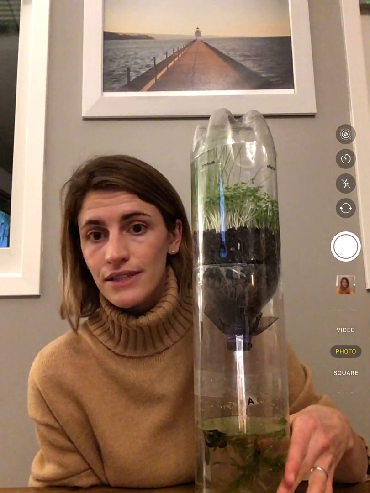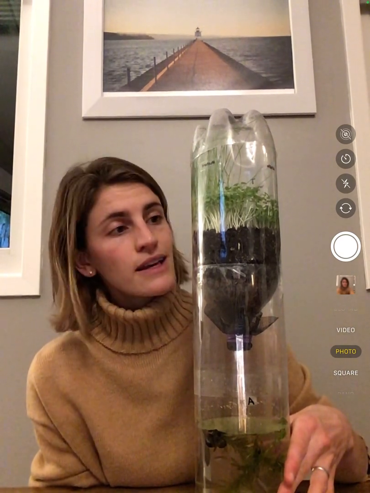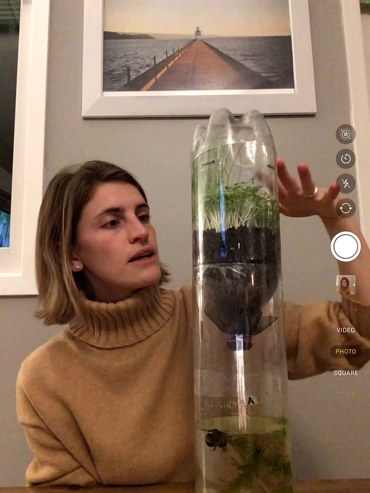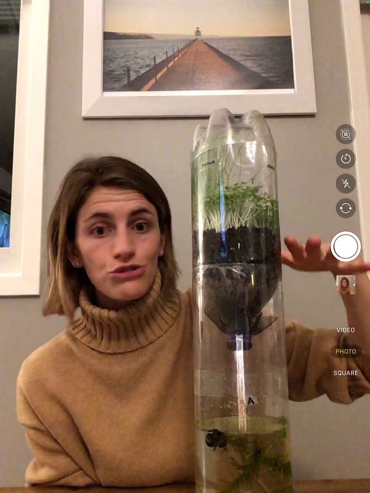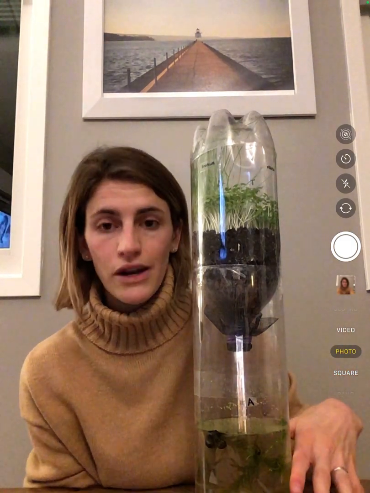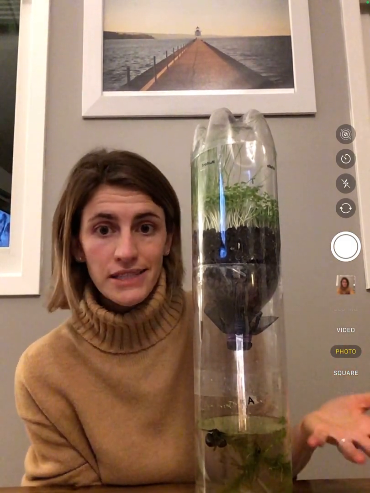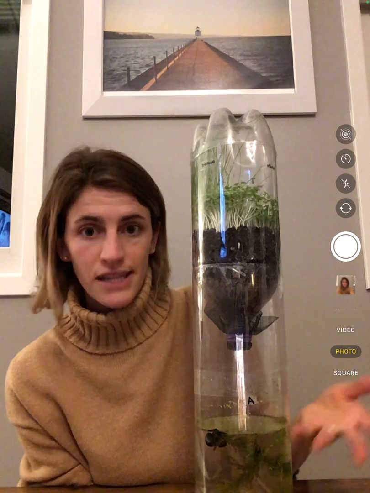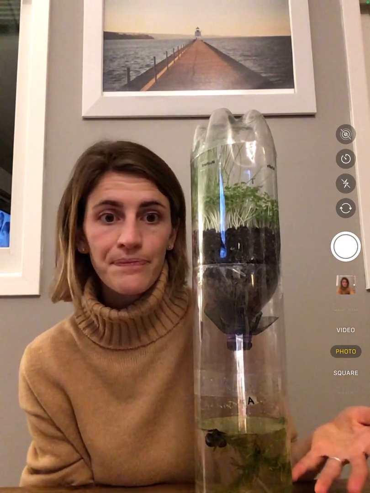Now that can be a positive or a negative impact. If the water or rain runs through the soil and it gets nutrients and vitamins and brings those things into the water, then that is providing positive things for the fish and the snails and the plants in the aquarium.